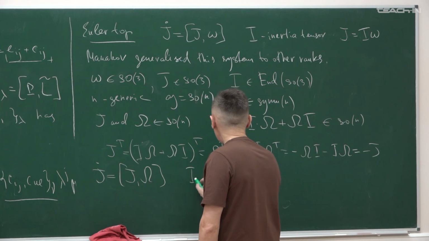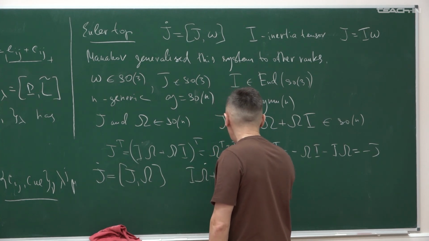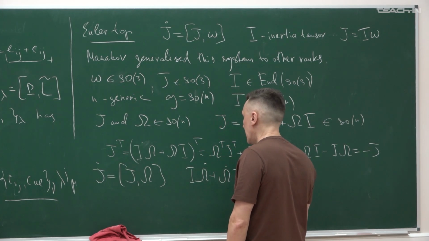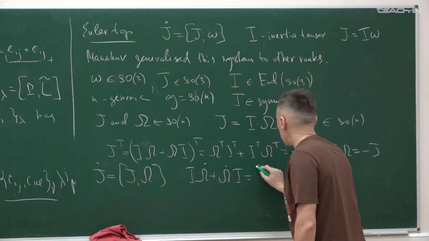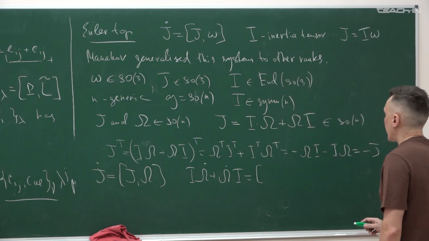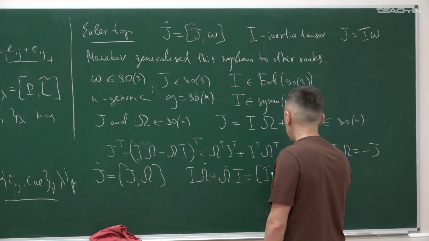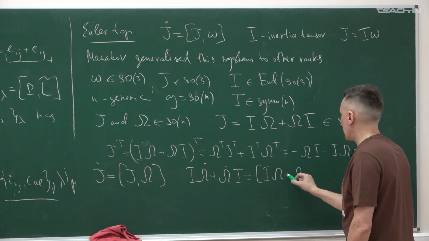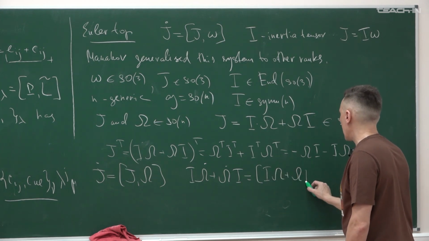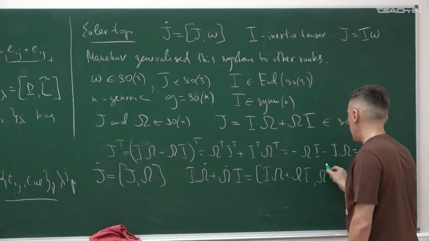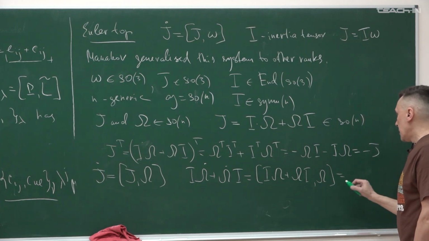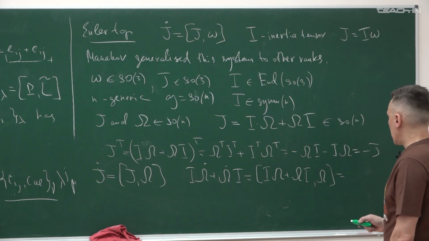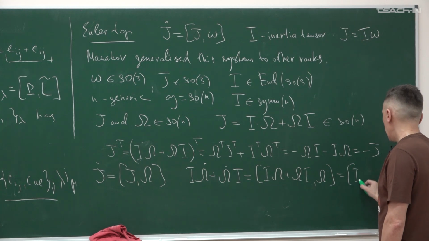So it is I omega dot plus omega dot I, and it is equal to the commutator with omega of I omega plus omega I, and this is, if I remember, the commutator of I with omega square.